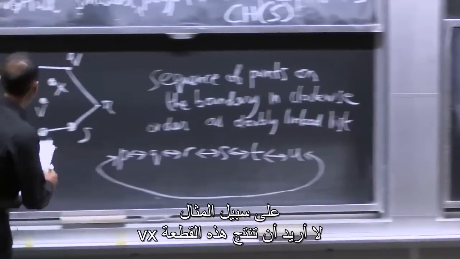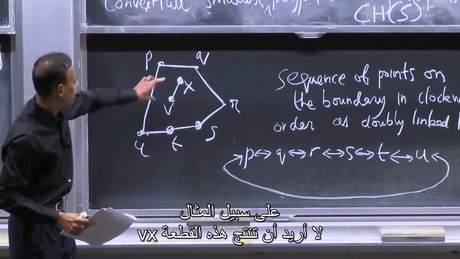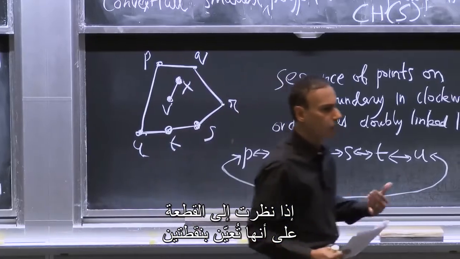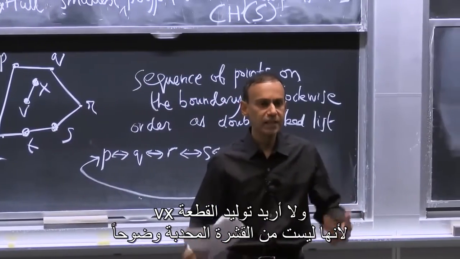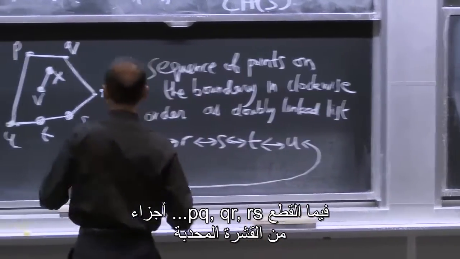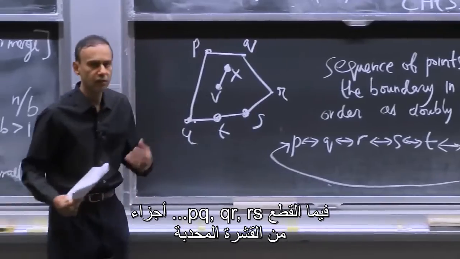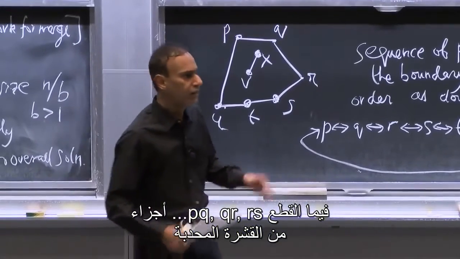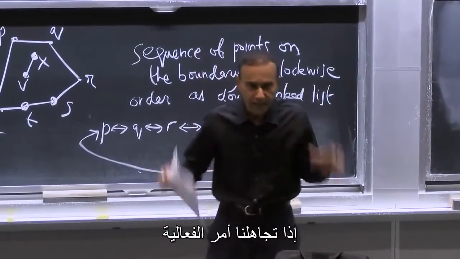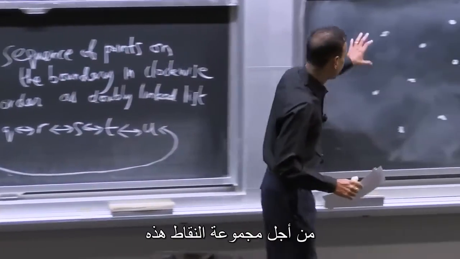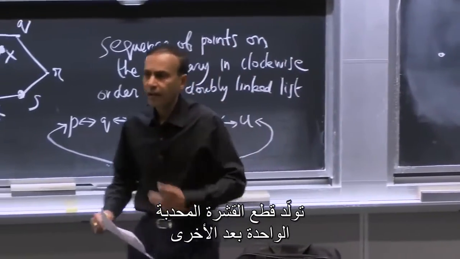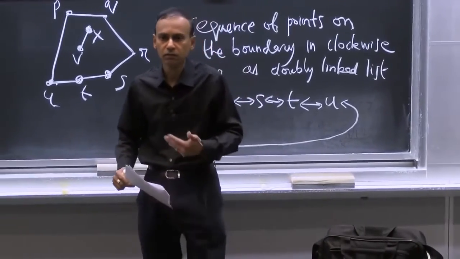For example, I do not want to generate this segment VX. If I think of a segment as being something that is defined by 2 points, then I don't want to generate the segment VX, because clearly the segment is not part of the convex hull. Whereas the segments PQ, QR, RS, etc., they're all part of the convex hull, right? So what is the obvious brute force algorithm, forgetting efficiency, that given this set of points will generate one by one the segments of the convex hull?